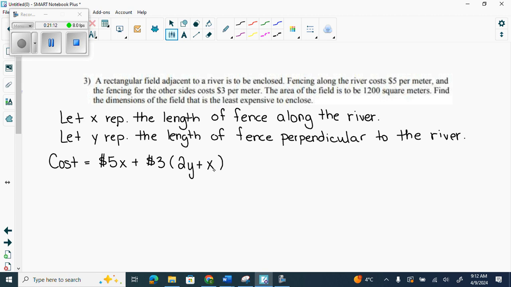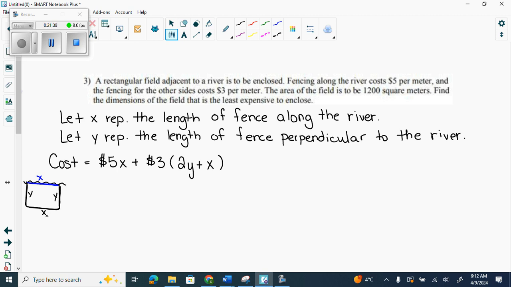If we look at it this way, here be the river. This piece of fencing costs $5, correct? And this side length is an x. Then these three sides here cost $3. And what would they be represented by? A y, a y, and an x. Hence, 2y plus x.